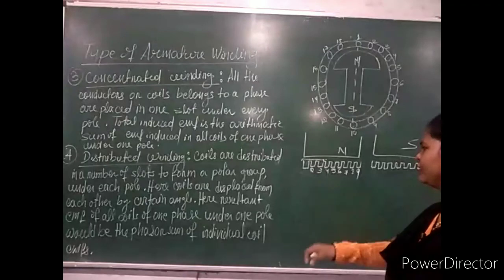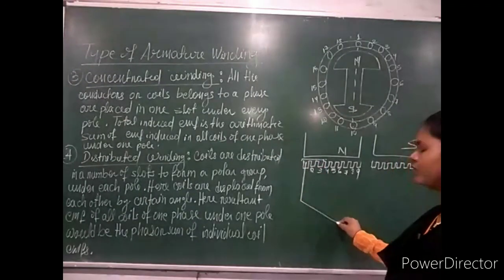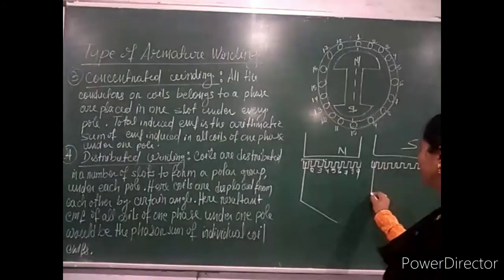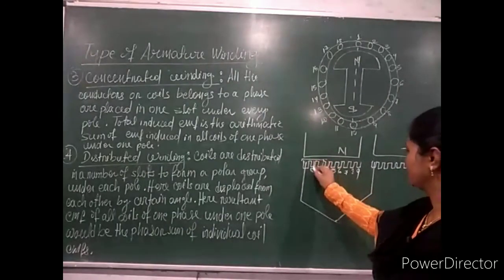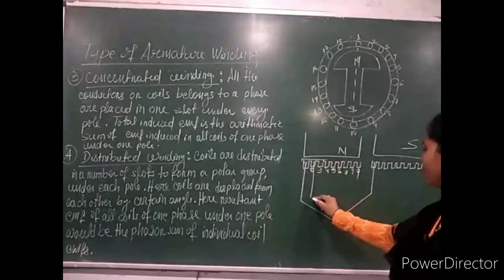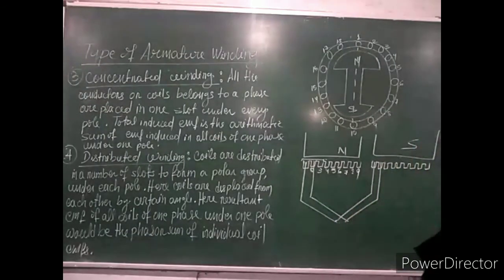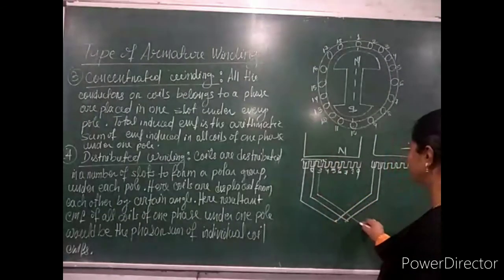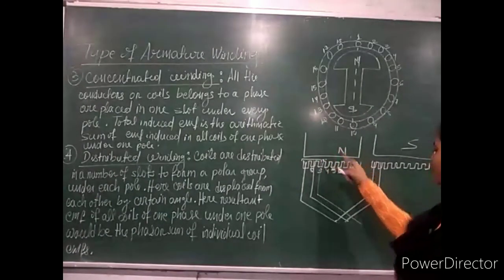In a different way you may say: 3 turns are there, and I place them into 3 slots individually. This is one coil, another coil is placed in the second slot under the first phase, and the third coil is placed in the third slot belonging to the first phase of the north pole.